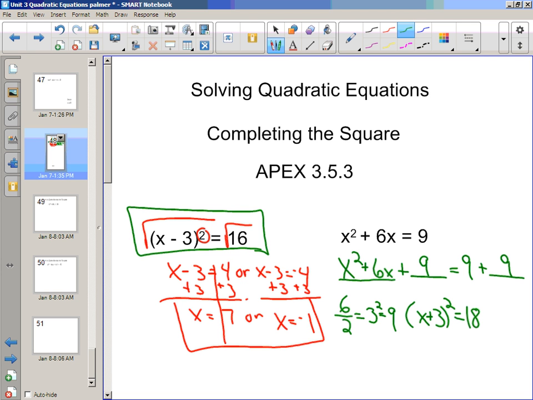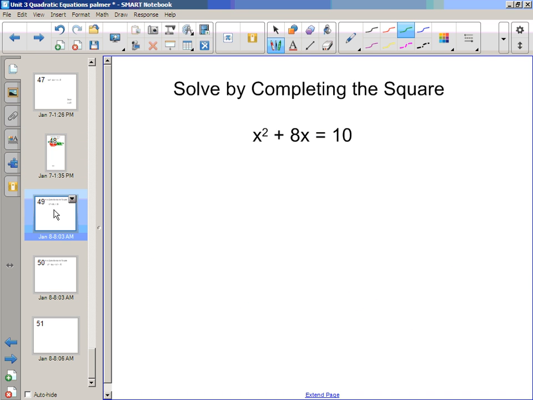But that's the idea of solving by completing the square: figuring out what number I have to add to both sides to make it a perfect square. So let's look at this example here. If I want to complete the square, that means I want to find what number should be added to both sides to make this a perfect square right here, so I can write it as something squared.